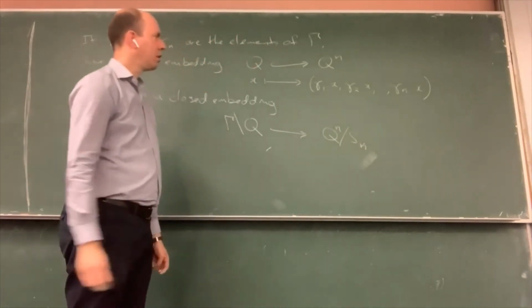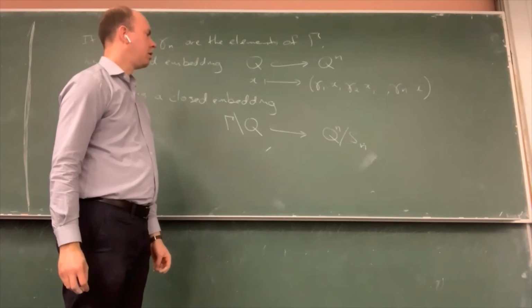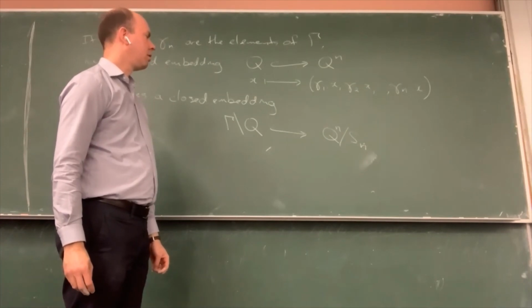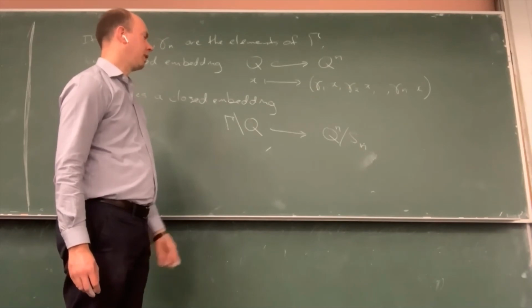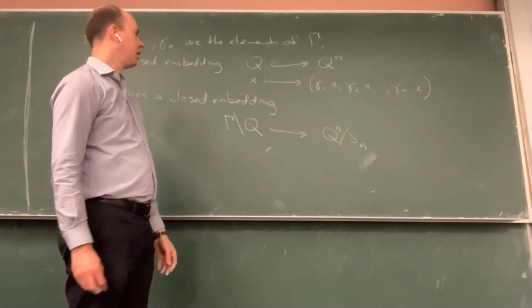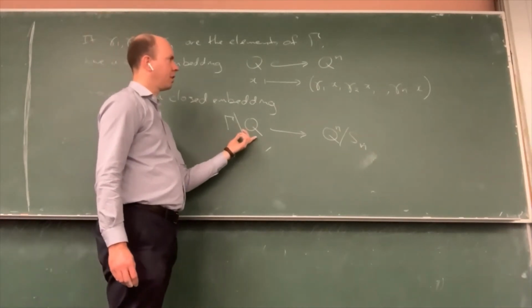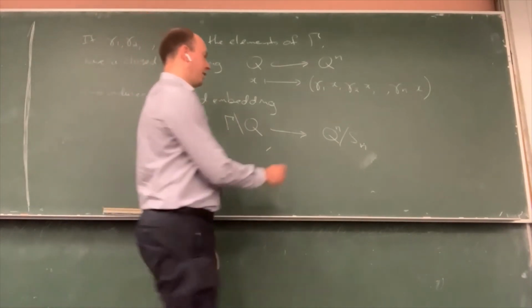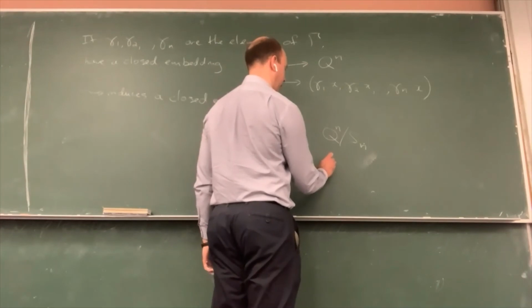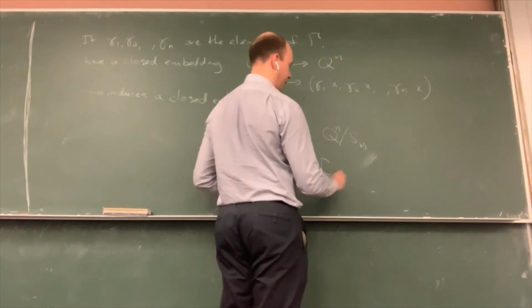I think that's quick. You just have to convince yourself that this is equivalent to saying that the map on coordinate algebras in the other direction is surjective.